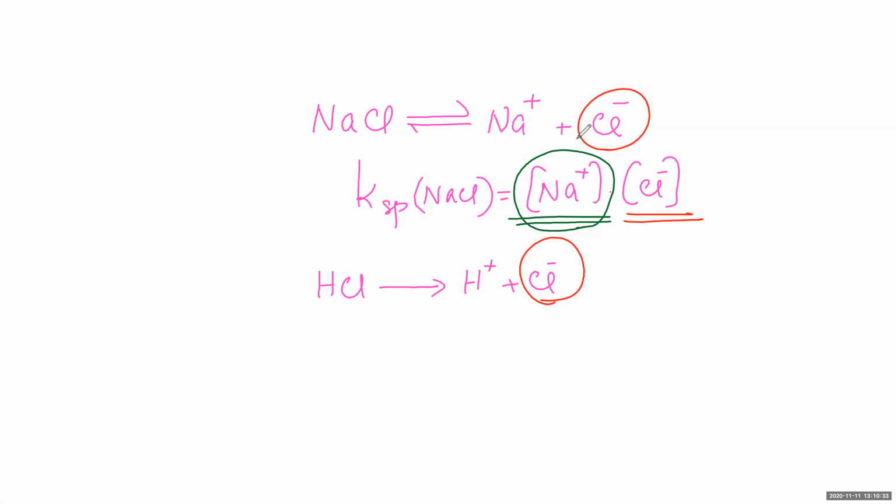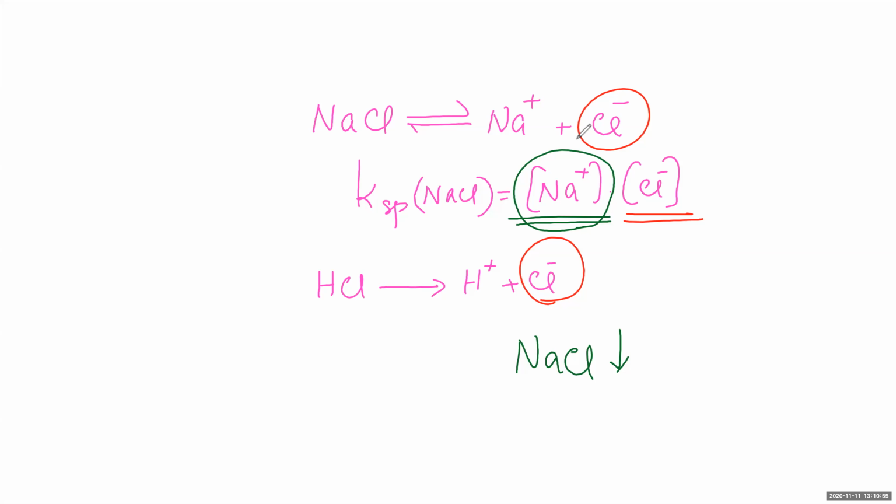So there is precipitation of sodium chloride. Sodium chloride precipitates when HCl is passed through a saturated solution of sodium chloride. And that is to keep the solubility product a constant.